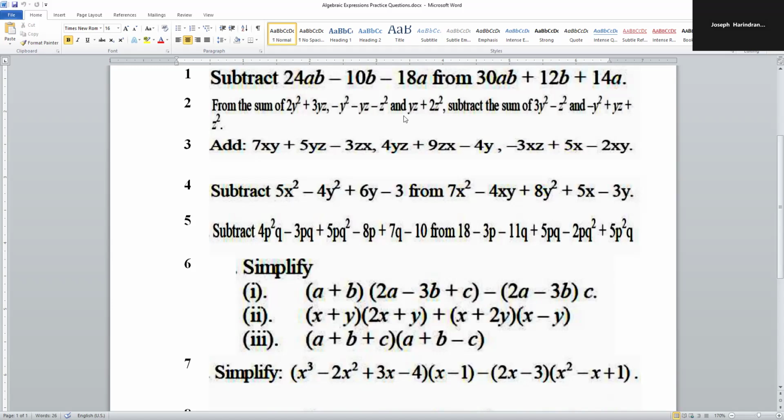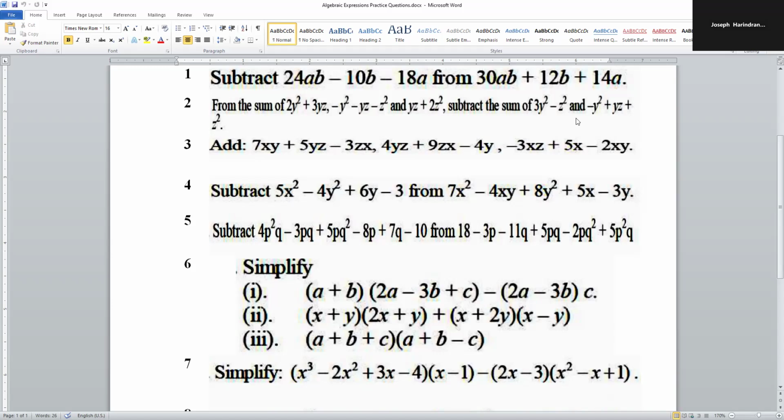After adding this, you have to keep this result separately. Then do the second addition: 3y squared minus z squared and this one. Take the sum of these two. Again, the like terms are y squared, z squared and yz.